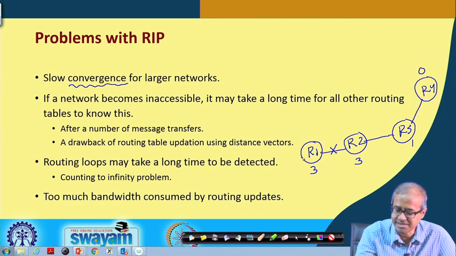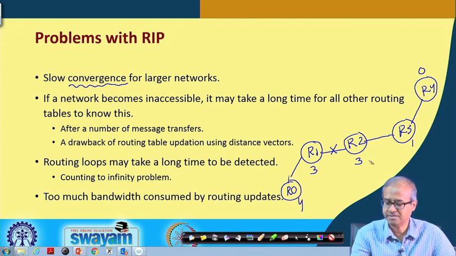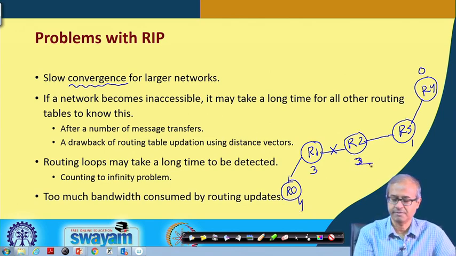And let us say there is another router here, let us say R0, which initially was 4 hops away, and this was 2. Now, this link has failed.